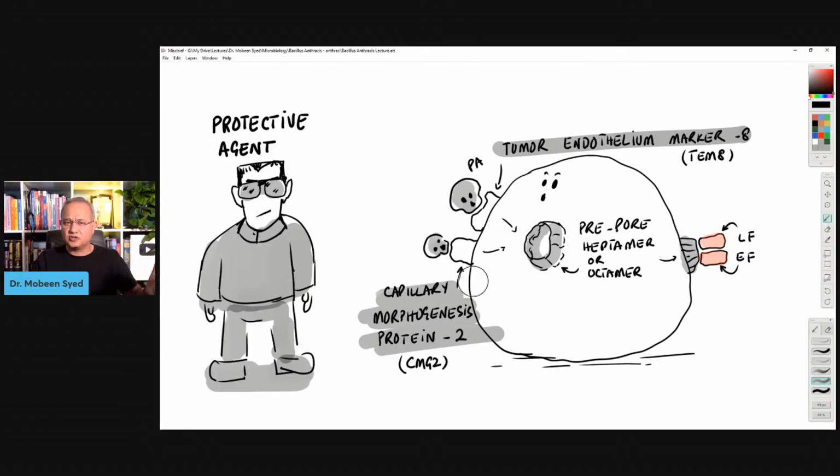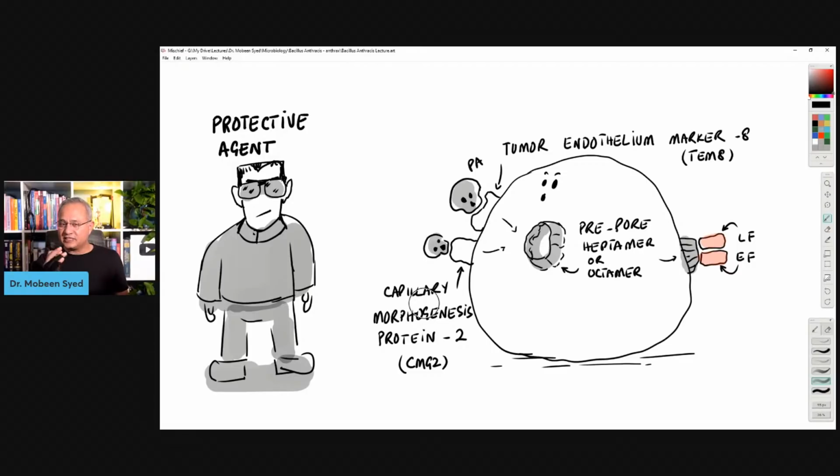These are just proteins or receptors, whatever their names. Protective agent can connect with them, bind with them. When it binds with them, like SARS-CoV-2 has TMPRSS2 that cleaves the spike proteins, here furin proteins would cleave the protective agent and activate it.